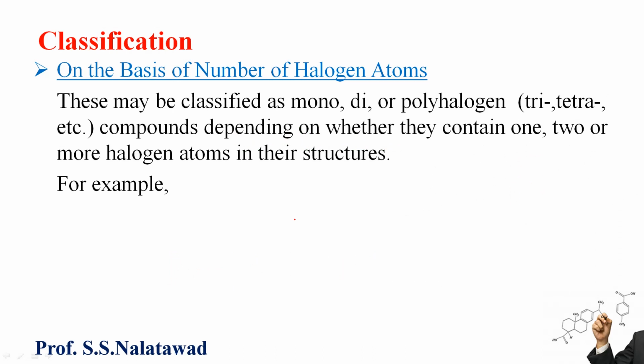Here the classification is on the basis of number of halogen atoms. These may be classified as mono, di or polyhalogen compounds depending on whether they contain 1, 2 or more halogen atoms in their structure.